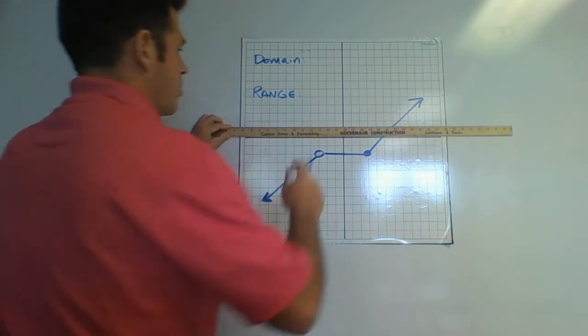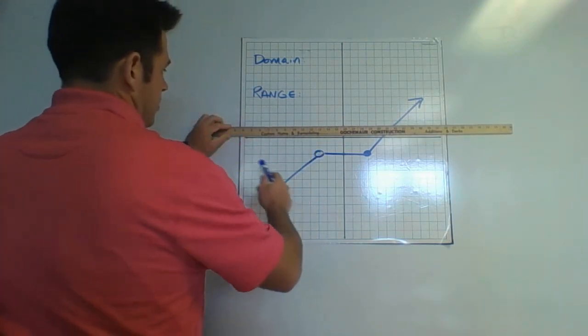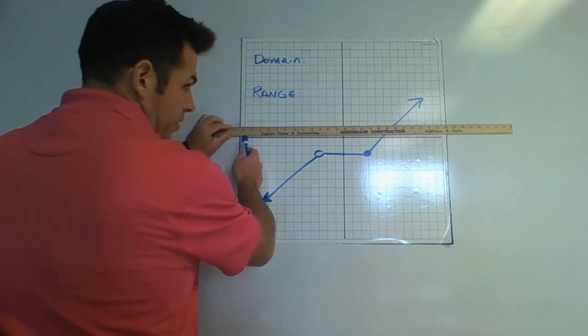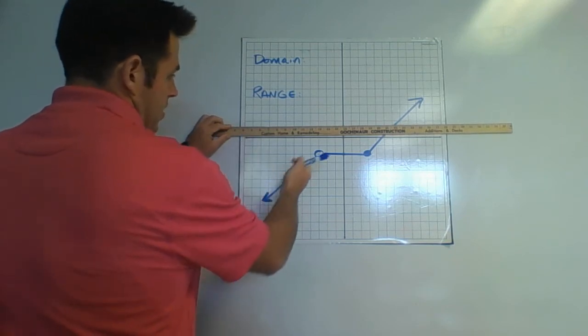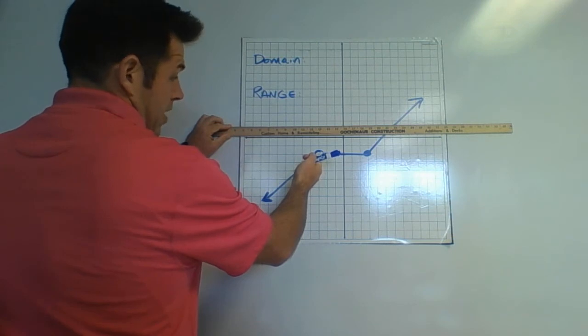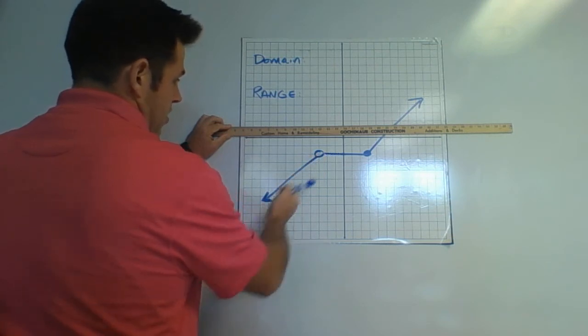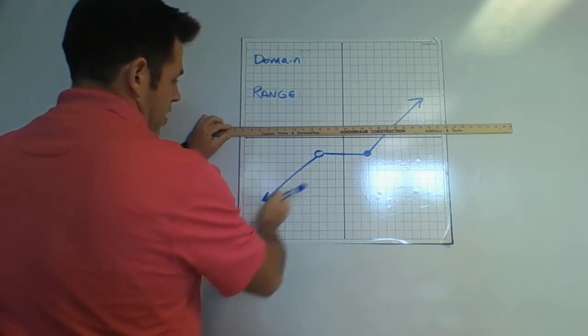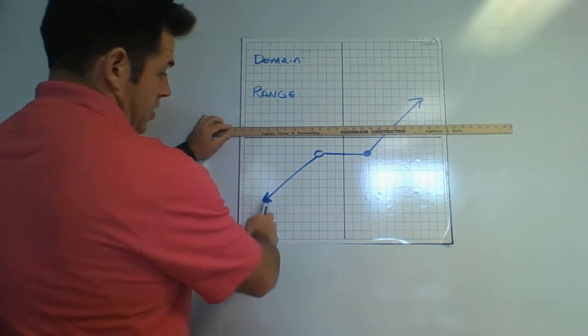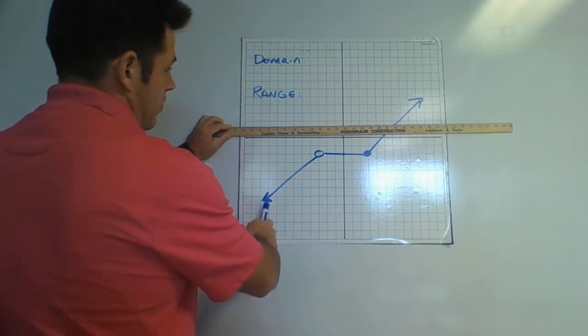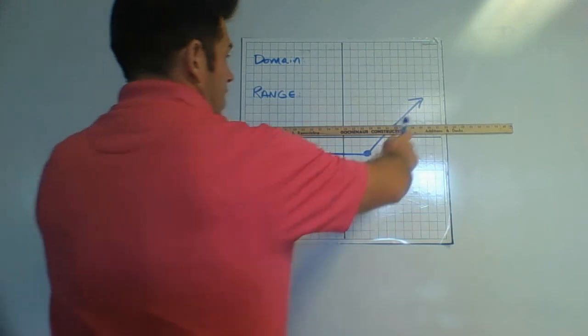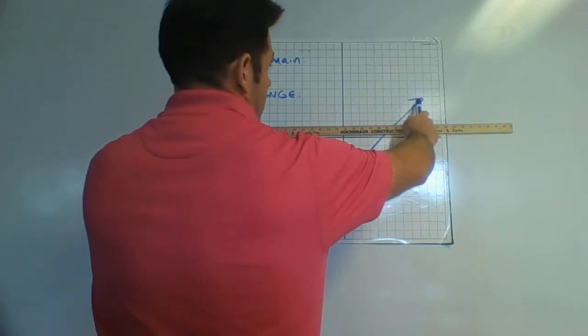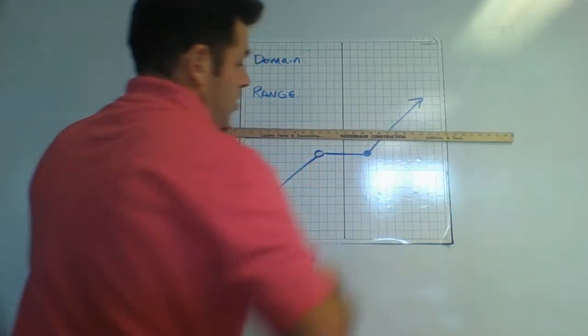So I'm going to move from left to right, and there's nothing right here, no doubt about it, but we can see that this line, this ray, would extend forever and forever off to the left. This arrow lets us know it goes forever and ever off to the left, and this arrow lets us know that this is going to go forever and ever off to the right.